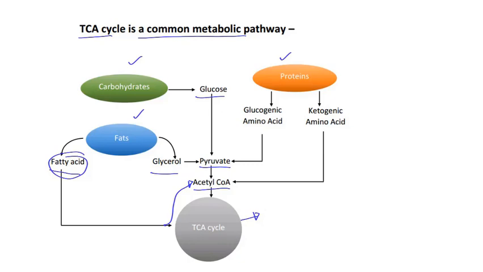In the case of protein, glucogenic amino acid and ketogenic amino acid can be produced. This glucogenic amino acid produces pyruvate, and this pyruvate produces acetyl-CoA, which enters TCA cycle. And on the other hand, ketogenic amino acid directly produces acetyl-CoA, and this acetyl-CoA enters TCA cycle.